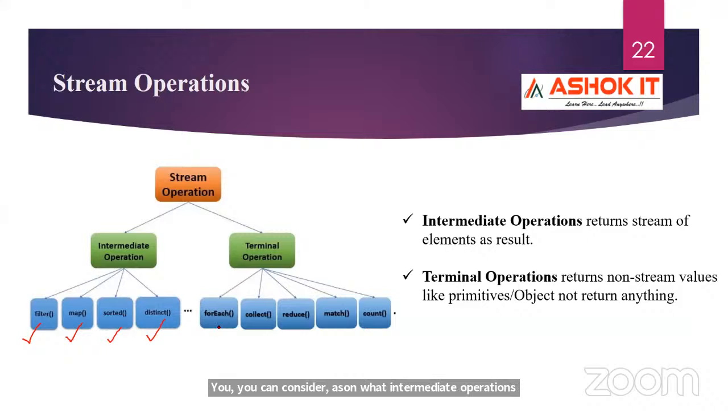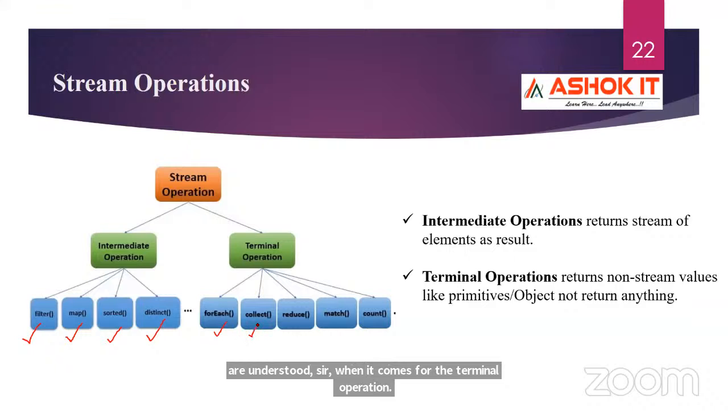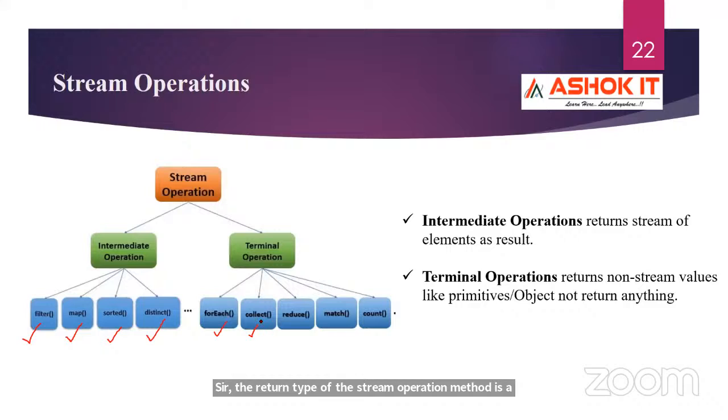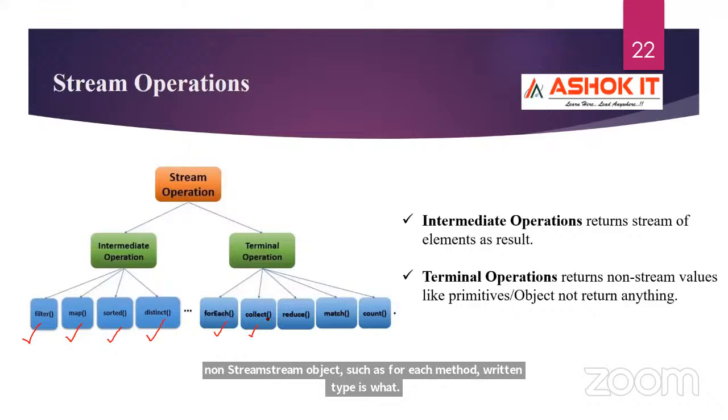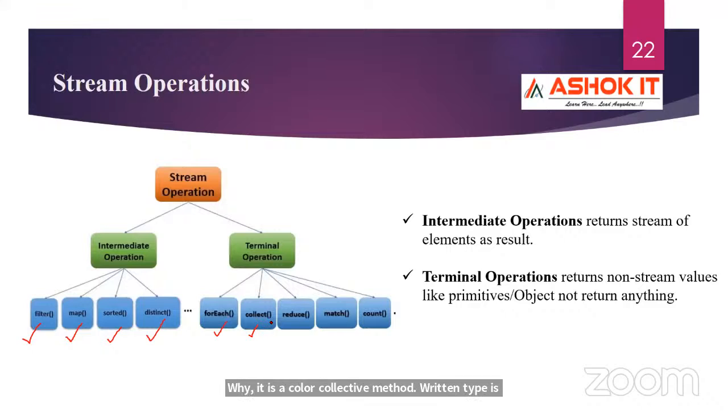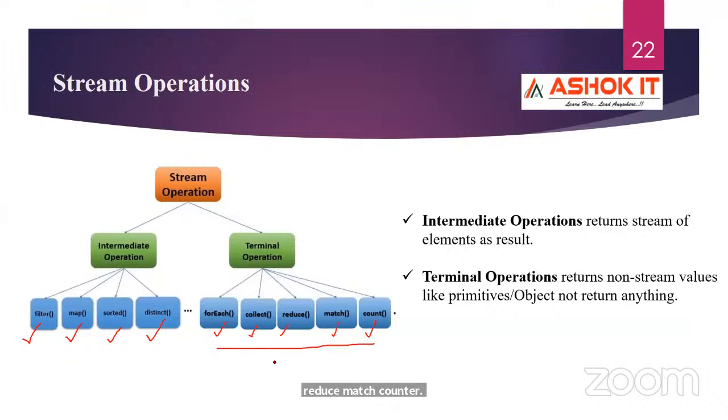When it comes to terminal operations, the return type of the stream operation method is a non-stream object. For example, the forEach method returns void. The collect method's return type is also something else, not a stream. Reduce, match, count: these are non-stream return types. That's why we call them terminal operations.